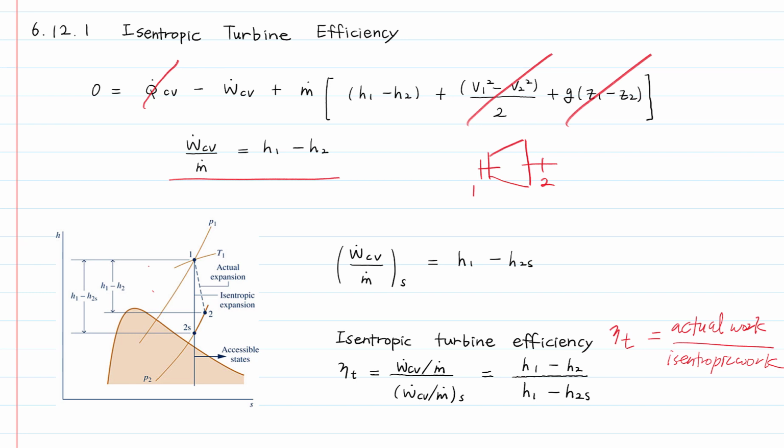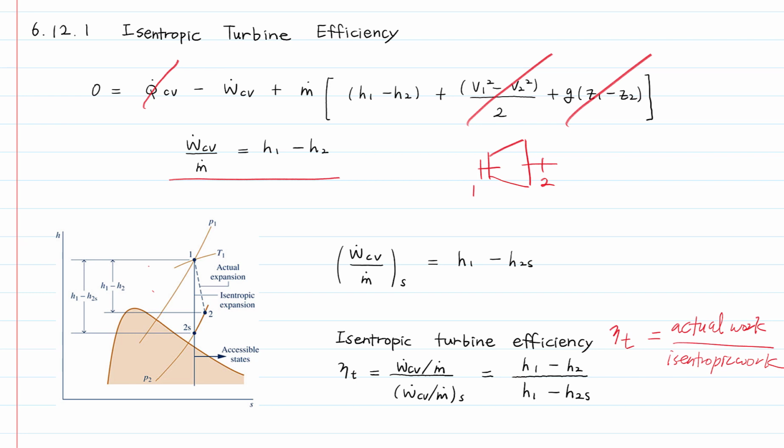So the isentropic efficiency is useful to set the theoretical limit of performance for turbines. It is a measure of the effectiveness of the process, showing us how the actual device performs relative to the ideal device. So we can compare the actual turbine with the ideal turbine and determine the degree of inefficiency in the actual device.